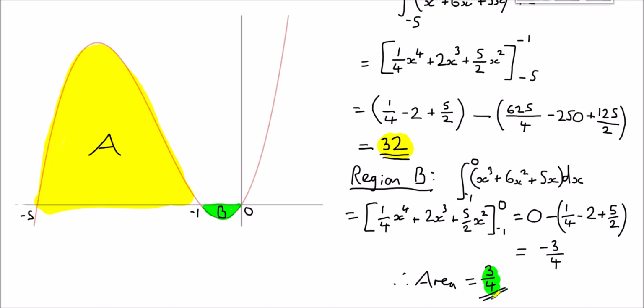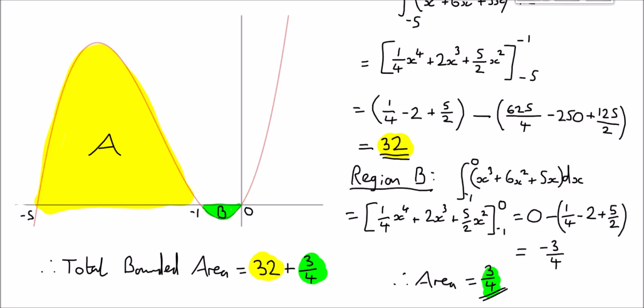So now we can work out the total area of the bounded region, A plus B. So the total bounded area is going to be region A plus region B, which is going to be 32 plus 3/4, 32 from region A, and 3/4, which is region B. So the total area is going to be 32 and 3/4.